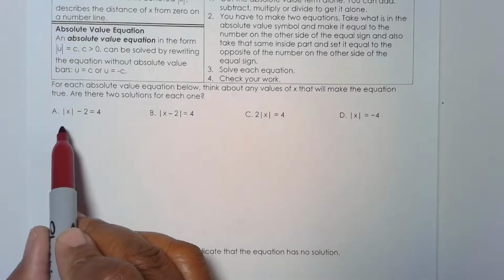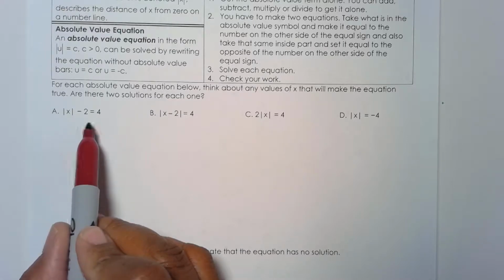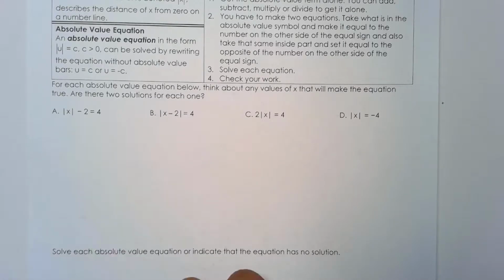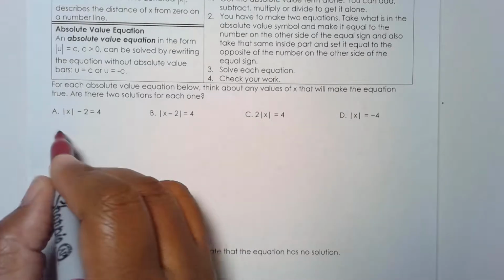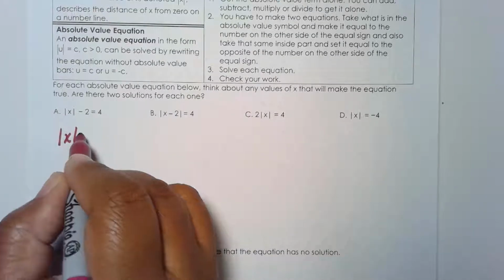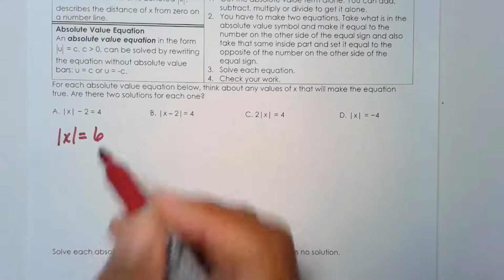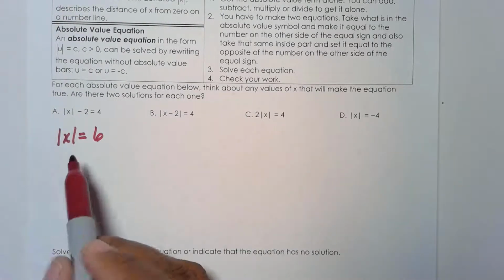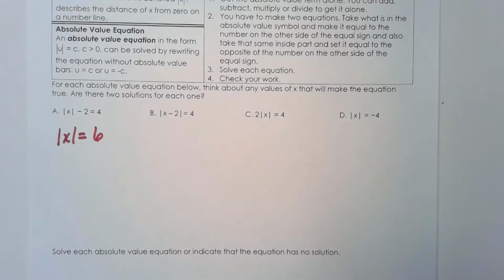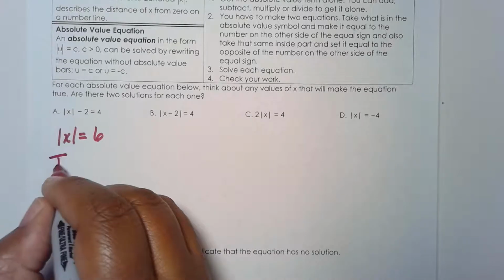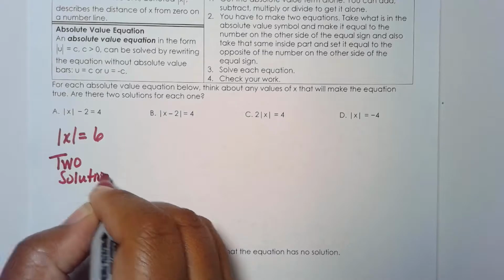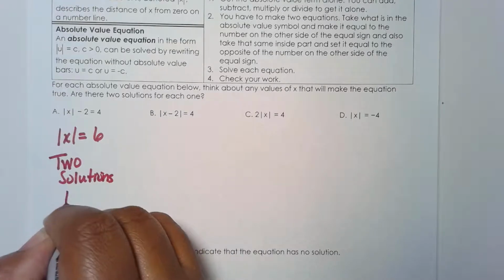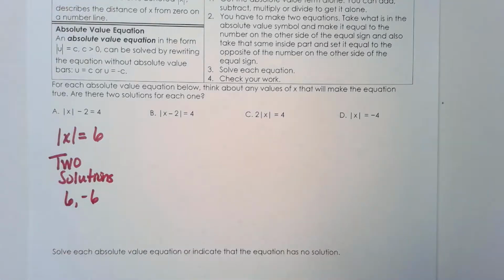We have the absolute value of x equals 4. There will be 2 solutions. One would be a positive 4, one would be a negative 4.